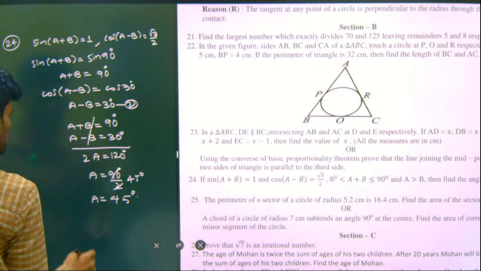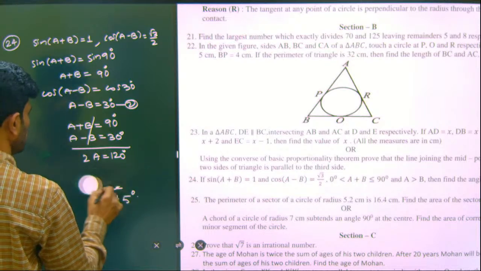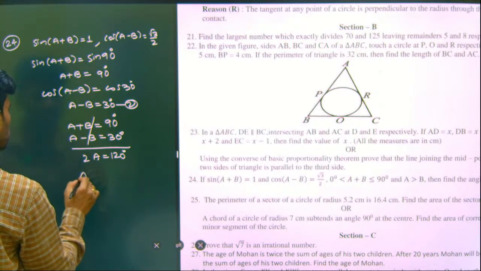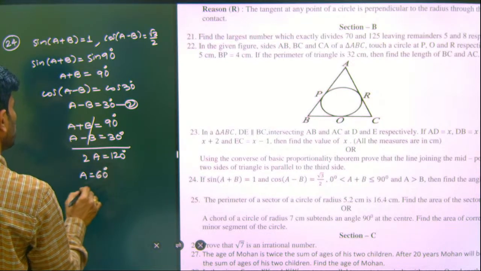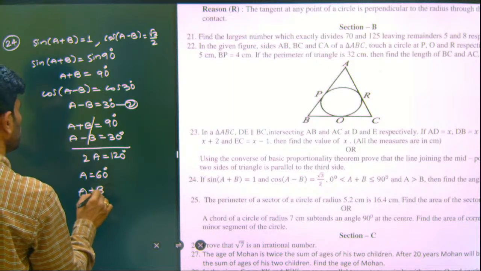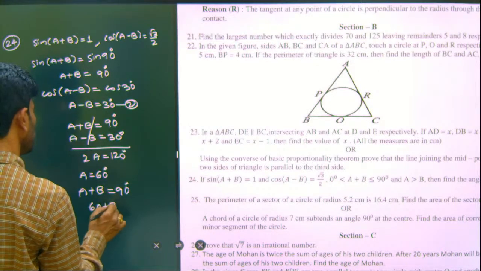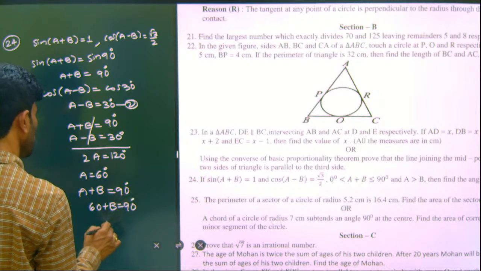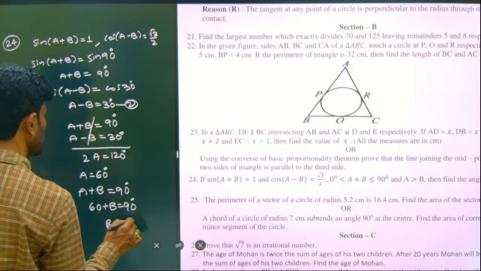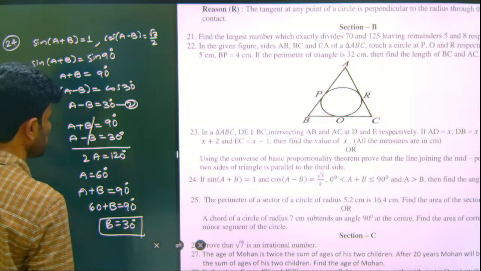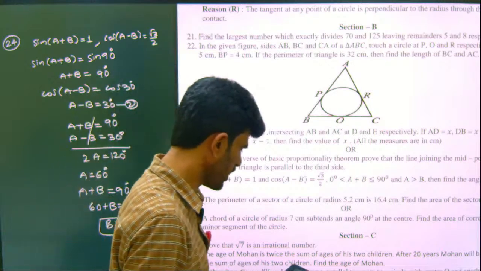What you did is correct. A is equal to 60 degrees. A plus B is equal to 90 degrees, so 60 plus B is equal to 90 degrees. So B is equal to 30 degrees. A is 60, B is 30. Your answers are correct.